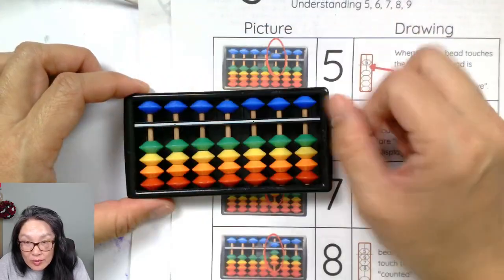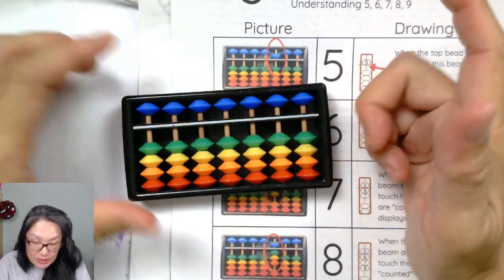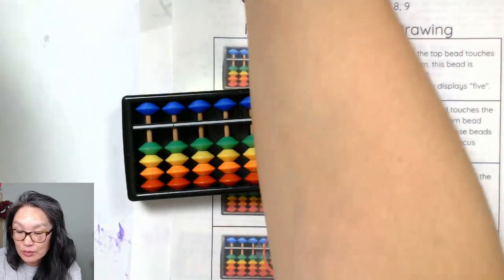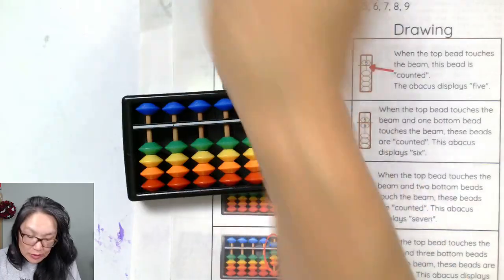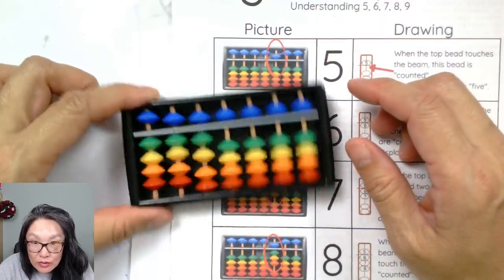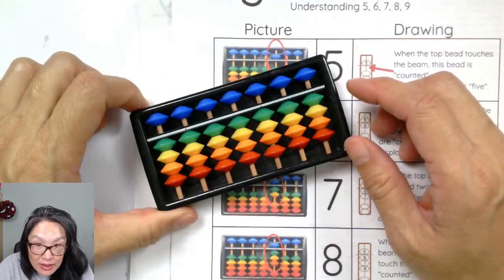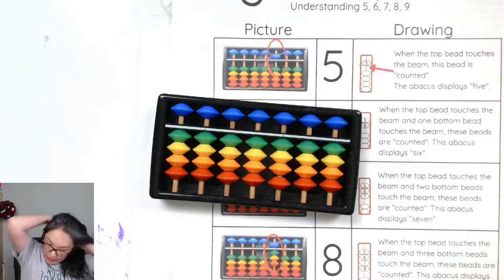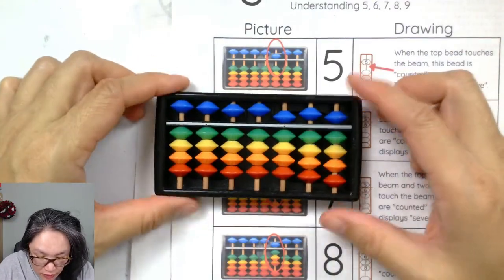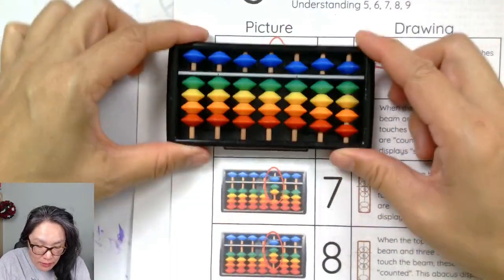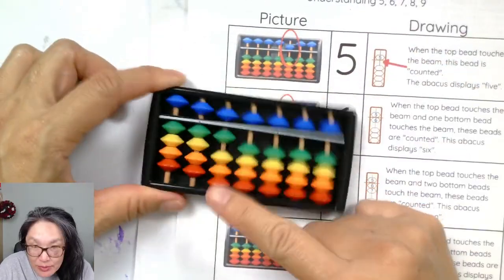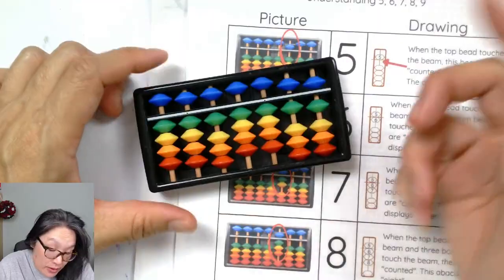So just for those people that are looking into getting an abacus because they think it's the greatest thing next to sliced bread, some people don't know that this is very easy to move. So if you just bump it a little bit, your whole answer goes away. So be careful. So what I usually do is hold my abacus, and my problem is because I move my abacus around, sometimes my answer is lost.